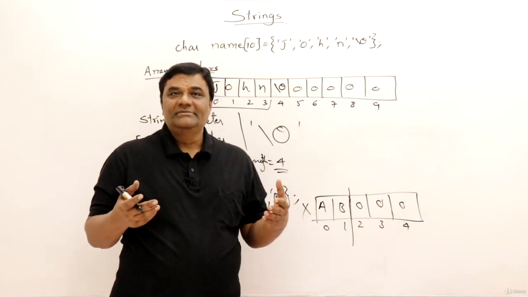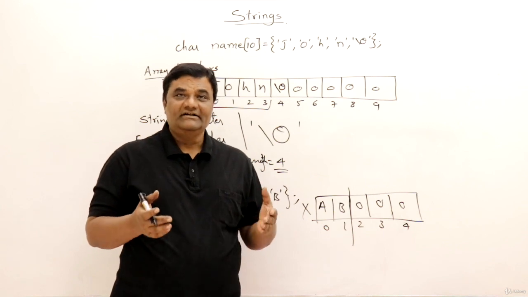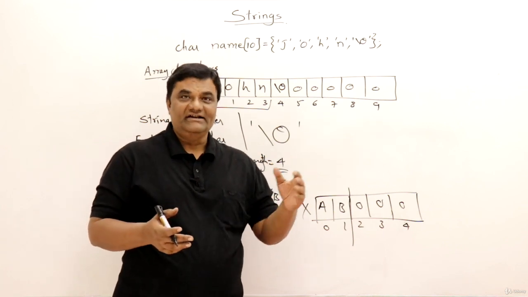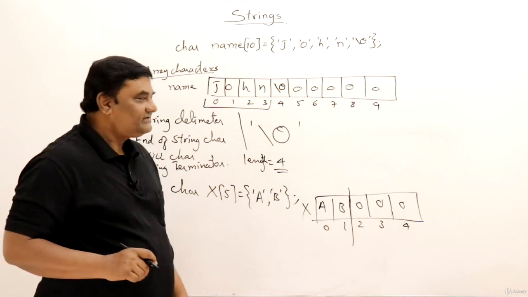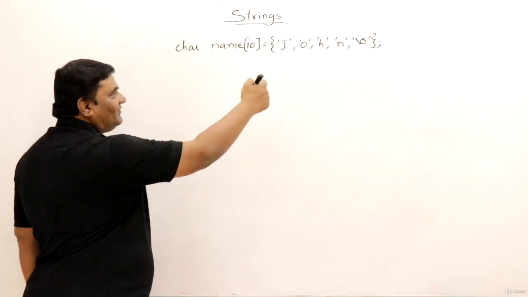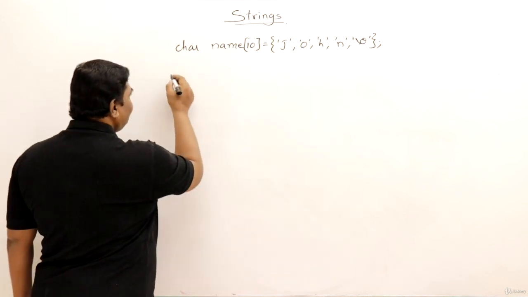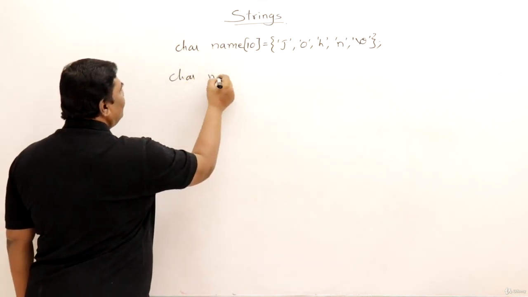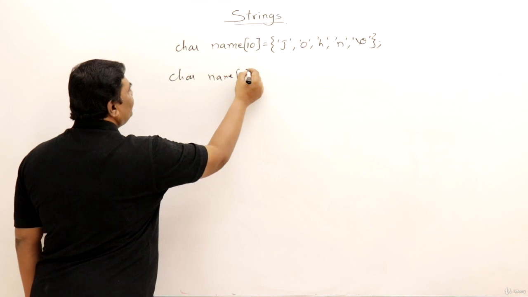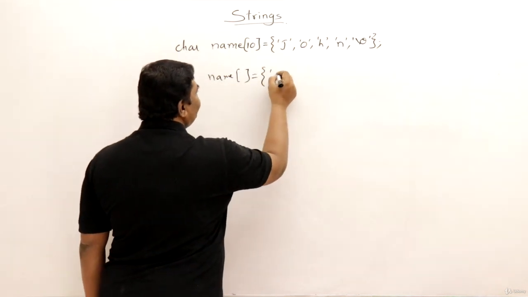Now let us see what are the methods of creating or declaring a string and also initializing it. See, this is the first method for declaring as well as initializing a string. Second, I can declare a string without size and I will use the same name.